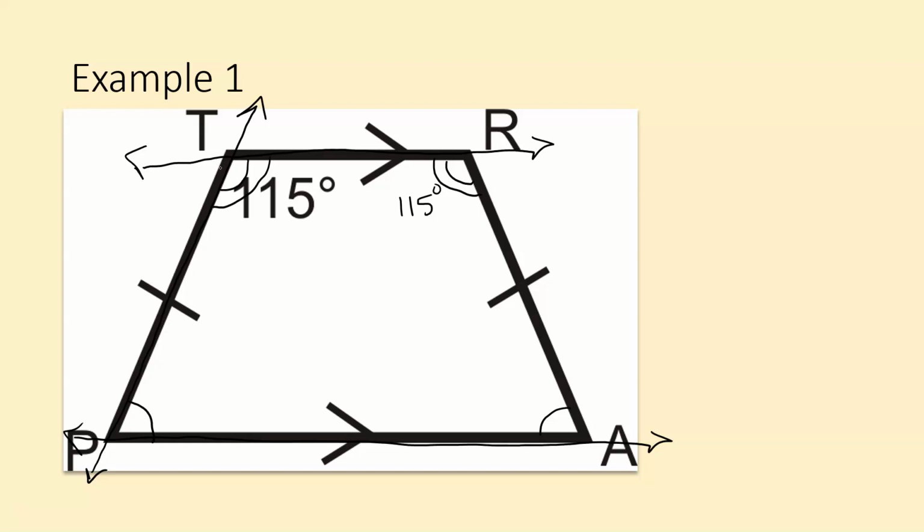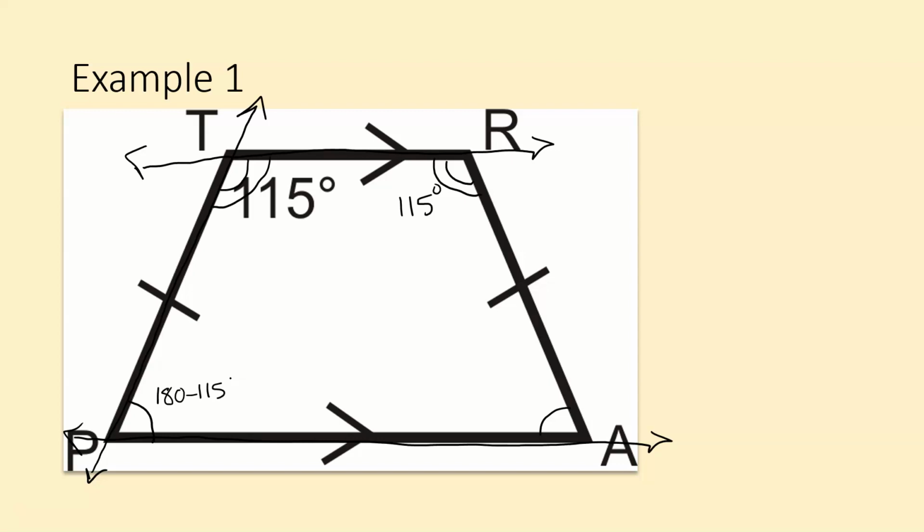We have same side interior angles. RTP and TPA are same side interior angles, so they are supplementary. These two angles should add up to 180, so I can figure out this angle if I take 180 and subtract 115.